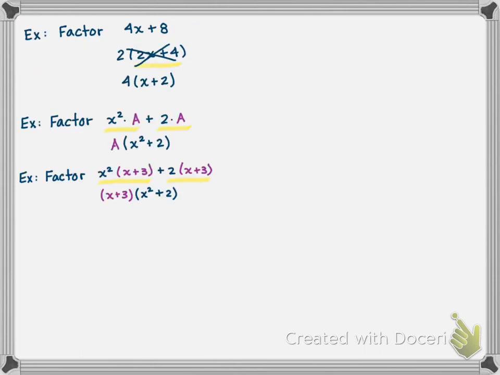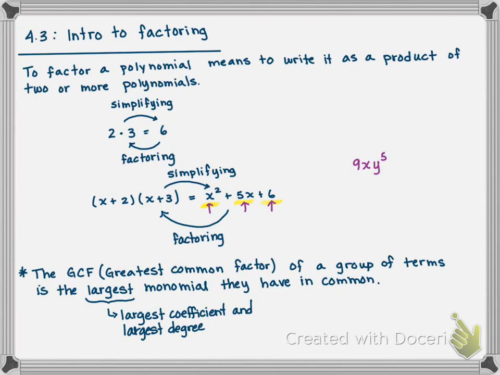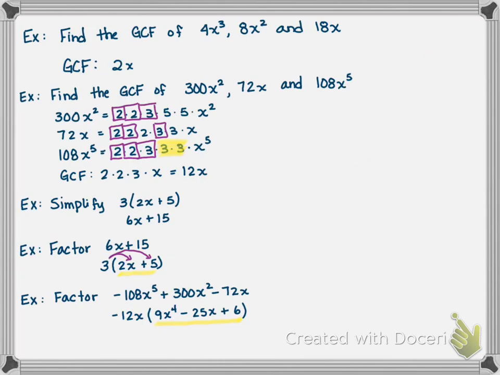So if we look back at some of our examples, these are all in descending order. This one, the first term has degree 1, the second term has degree 0, and then the next one, my degrees go 5, 2, 1, right? And so that is in descending order.